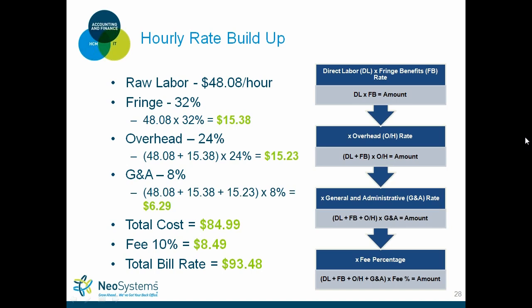So, okay, now you can say, all right, I want to make money off of this employee. And depending on what the RFP requirement is, you build in that fee percentage. In this case, we just use 10%, which adds another $8.50. So your total bill rate for the employee is $93.48.